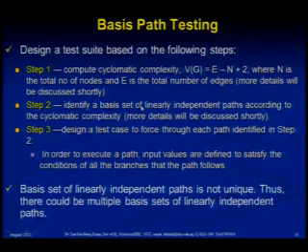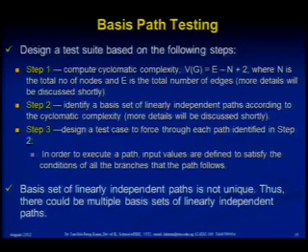After you construct the control flow graph, we compute this cyclomatic complexity. After you have computed it, this number will guide us to identify a basis set of linearly independent paths. We do not aim to identify all the paths.